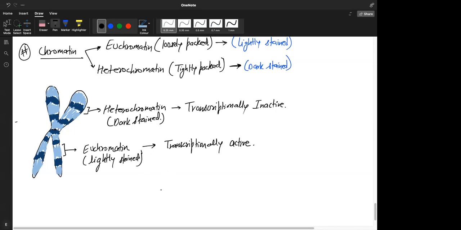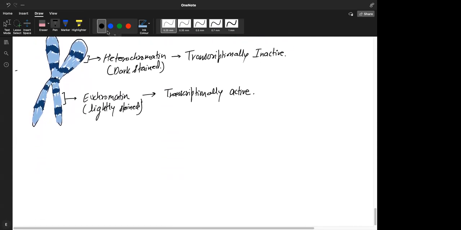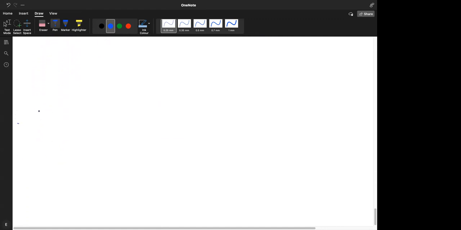Okay. Now in today's class, you understood chromatin, euchromatin, and heterochromatin. So I'll start now. How did we actually figure out that the genetic material is DNA? We studied everything about DNA, the packing, the structure, the features. We now know about chromatin, euchromatin, and heterochromatin.